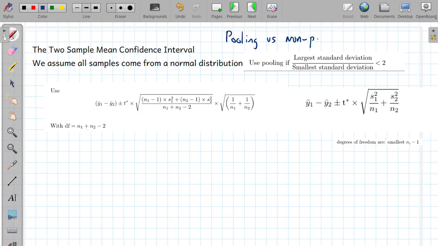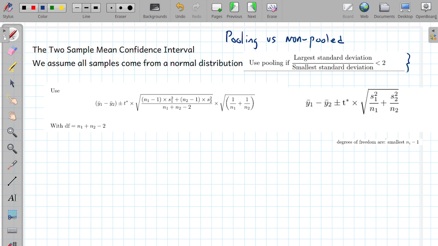So when do you know, or how do you know which one to apply? Especially if they don't tell you. If your exam or your instructor says, well, you figure it out, the criteria then is this little formula right here. Take the sample with the largest standard deviation and divide it by the smaller standard deviation.